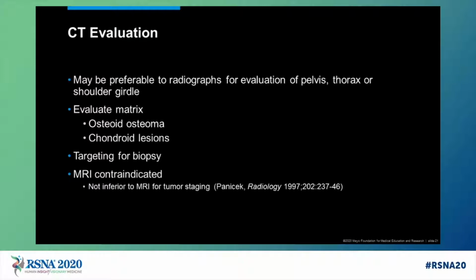In addition, CT is excellent for evaluating calcified matrix or ossified matrix, which may be helpful in the diagnosis of osteoid osteoma and its nidus, or in chondroid lesions. CT is also excellent for targeting biopsy, and it can be used with pretty good confidence when MRI is contraindicated for staging tumors.